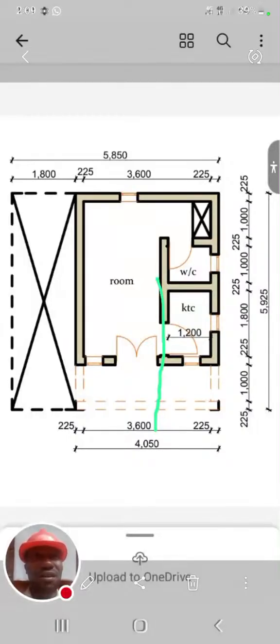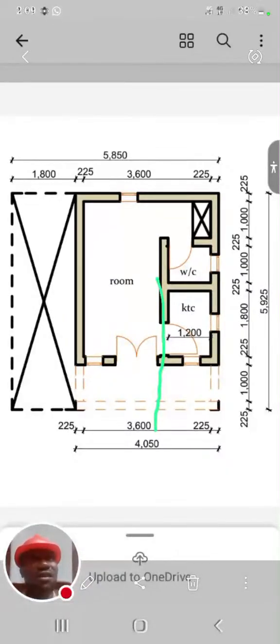But if the project in real life is somehow small, you are going to use a scale that will magnify it, just like 1 is to 50, 1 is to 100.